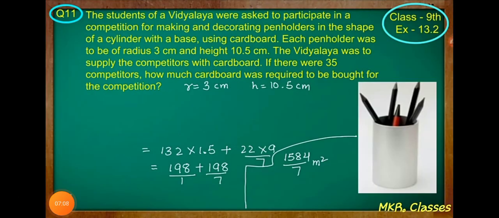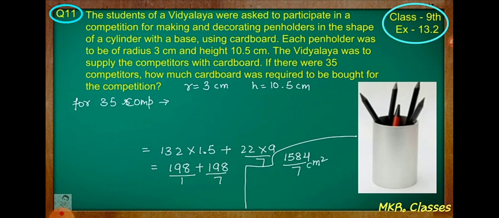Now this is for one pen holder. Now how many competitors are there? 35 competitors are there. So we multiply this area with 35. So the cardboard required for 35 students will be 1584 upon 7 into 35.